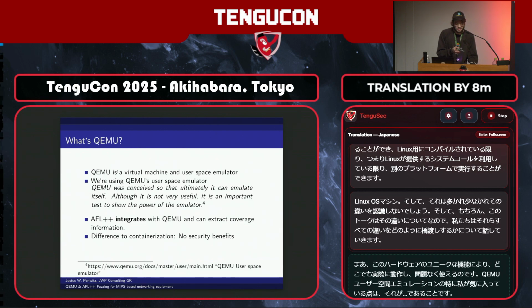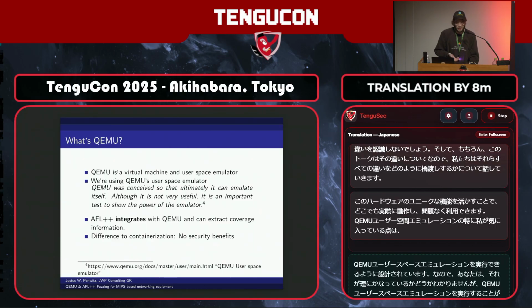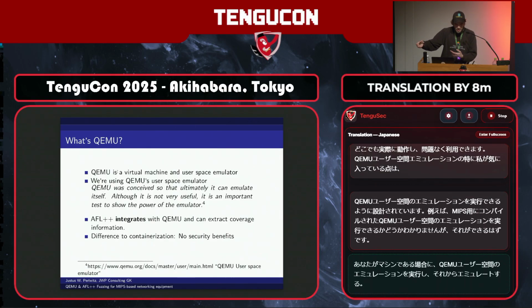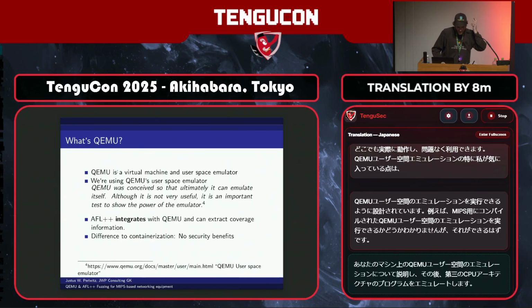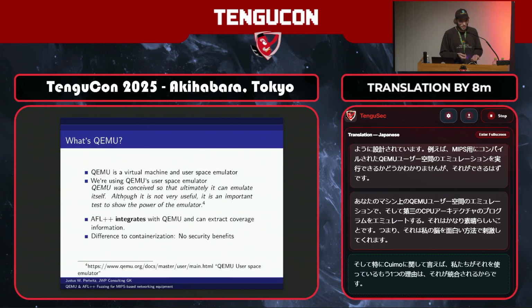So you can, I don't know if that makes sense, you can run QEMU user space emulation compiled for MIPS, for example, on QEMU user space emulation on your machine, and then emulate a third CPU architecture's program. So that's pretty cool. I mean, that just tickles my brain in funny ways. And for QEMU specifically, another reason why we're using it is because it integrates quite well with AFL++.